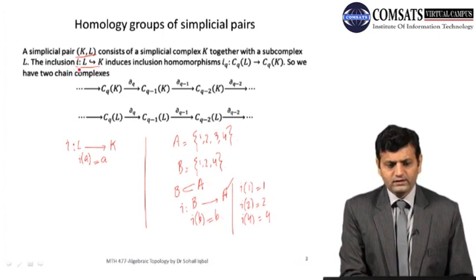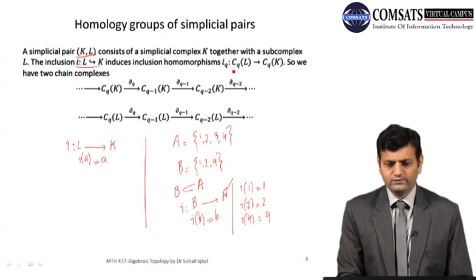Okay, now this I induces an inclusion homomorphism. Okay, so what is this? This is basically the free abelian group generated by the Q simplexes of L, and what is this?